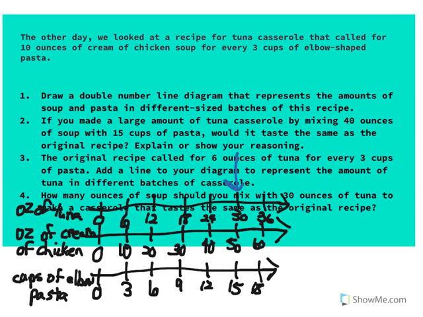So we find our 30 ounces of tuna, which is right here. How many ounces of cream of chicken soup do we need? Well, if we look right below it, it's right there. So the answer to question 4 is 50 ounces.